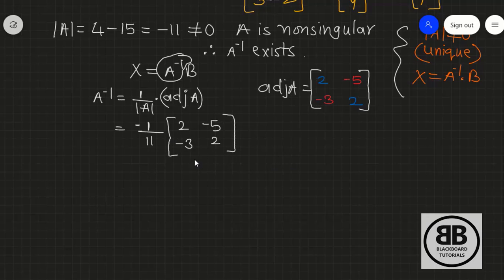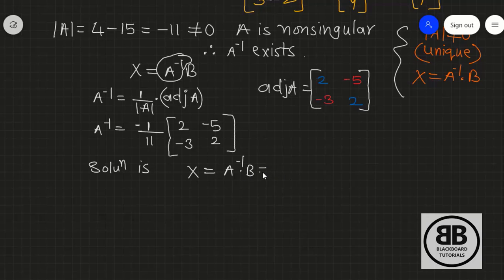So this is now the inverse, A inverse. So the solution is given by X is equal to A inverse of B.